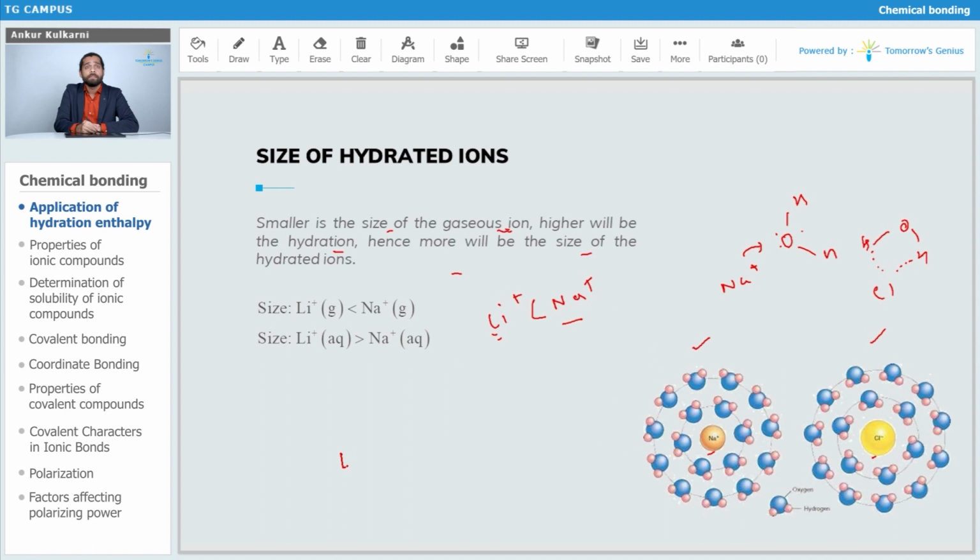So lithium, being smaller in size, will attract more hydrated water molecules around it, just like this, because lithium is smaller in size. But sodium in the gaseous state will have a little less hydration, because it is quite bigger in size as compared to lithium in the gaseous state.